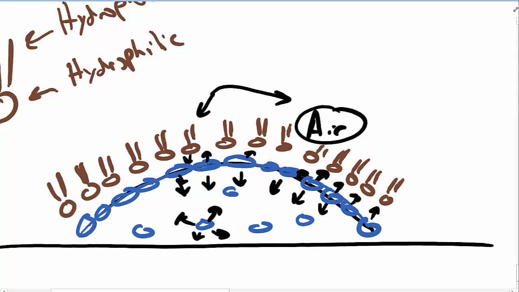So remember that surfactant plays an incredibly important role in minimizing surface tension, and that's incredibly important because surface tension accounts for more than half of the recoil of the lungs. By decreasing surface tension, we are able to inspire with much more ease, and it's a lot more energy efficient. I hope this brief overview of surface tension and surfactant has been helpful.